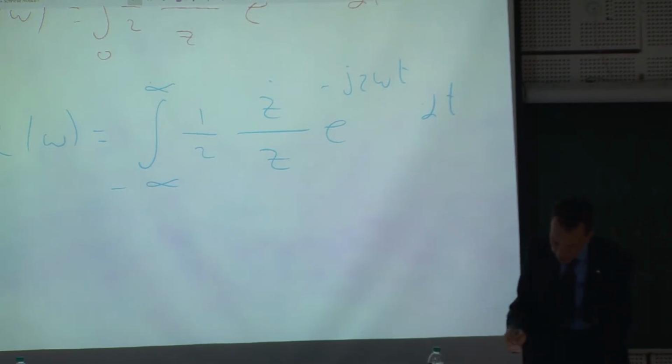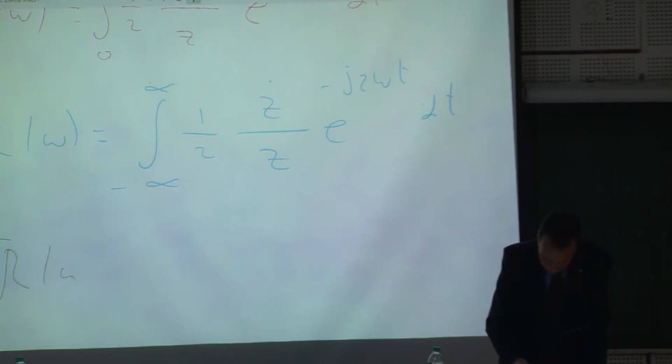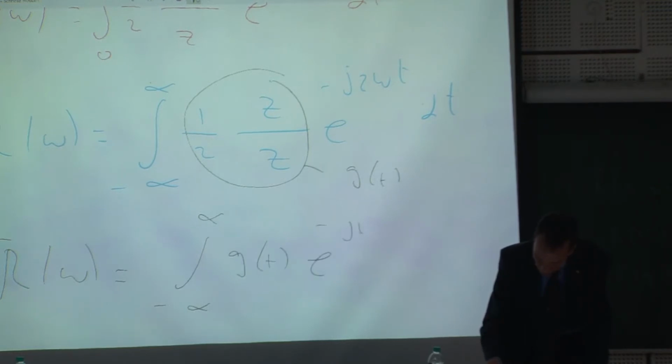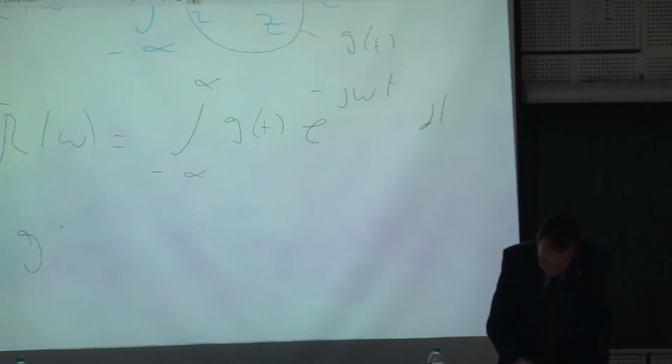So in general, we can now write down R bar of omega is the integral from minus infinity to infinity of, let me call this g of t, so it is g of t e to the minus j omega t dt, where g of t is 1/2 of z dot over z.